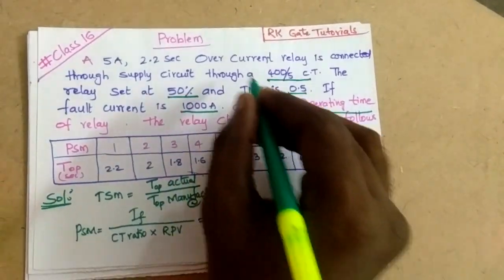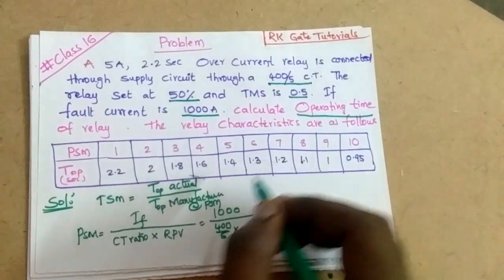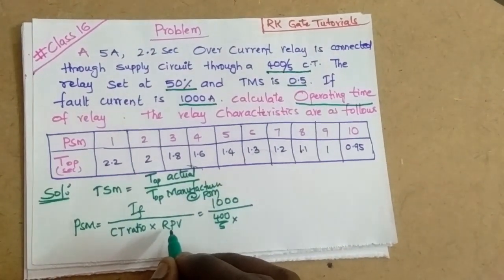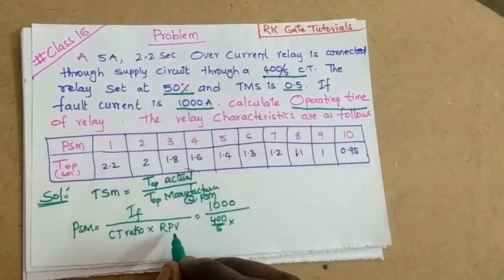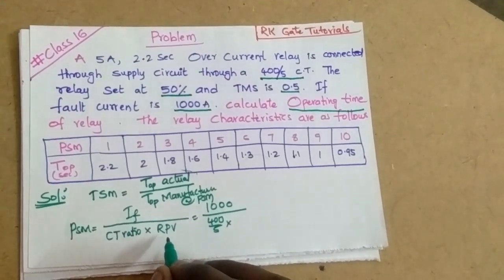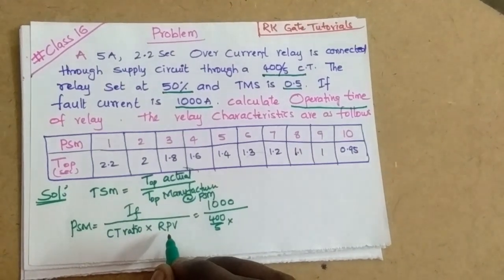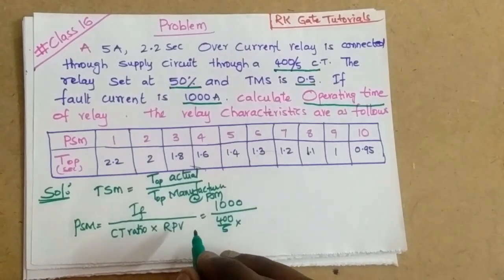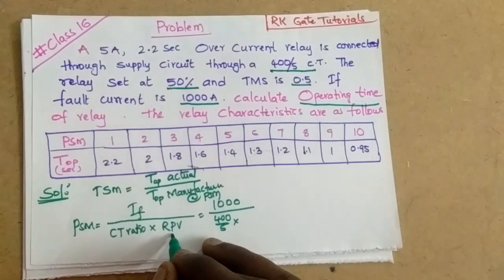So we didn't get any relay pickup value here, but we have a formula for relay pickup value. I have been repeating that relay pickup value is also called pickup current or the plug setting also. All are the same, so don't get confused in the exam if it is given differently. So what is the formula for relay pickup current?